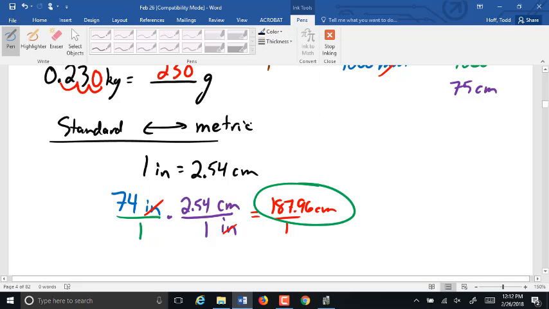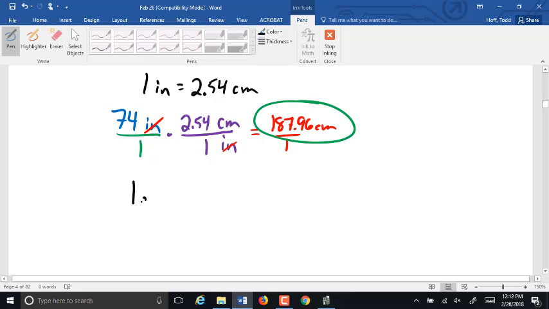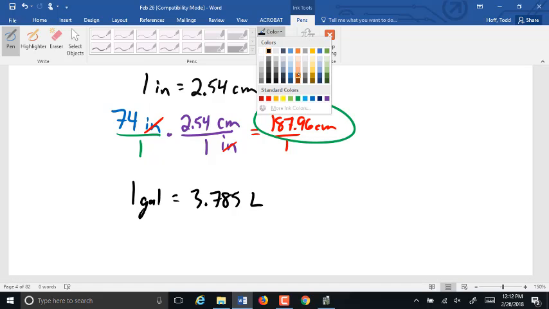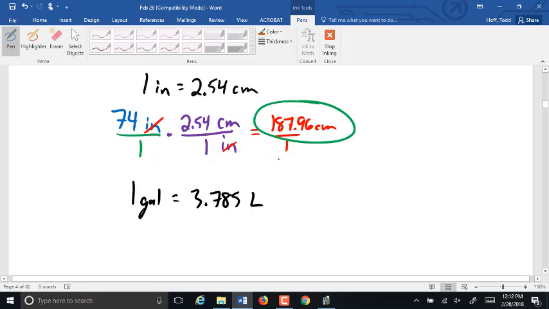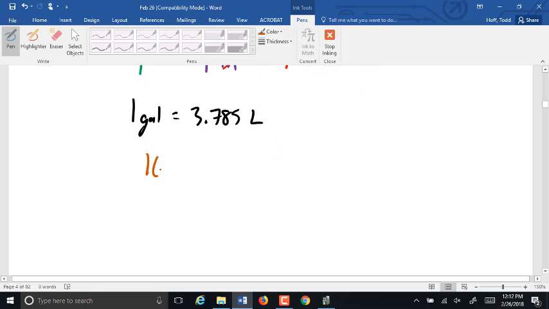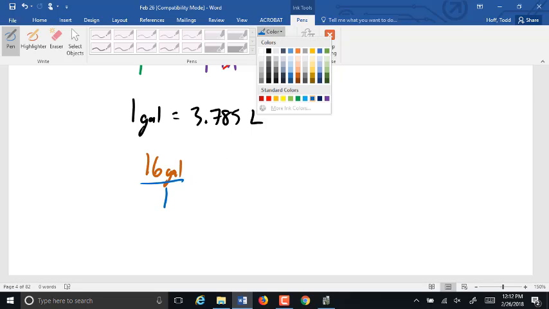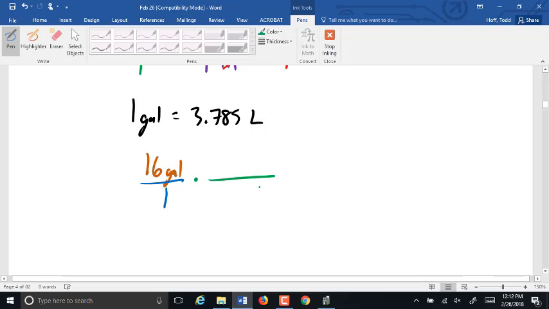For capacity, we have that 1 gallon is equal to 3.785 liters. So if you're looking at filling the gas tank on your car, if you have a 16-gallon tank and you want to convert that to liters, put it over 1. And our conversion factor here, gallons will go on bottom, liters on top.